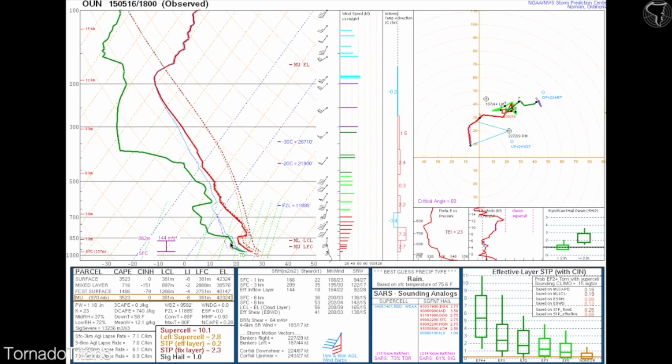It takes into account more the mixed layer, this whole thing. What is the storm ingesting from the surface to the cloud layer? It takes into account the effective storm relative helicity, the bulk wind difference, the convective inhibition in the lower levels, which is important, and also the mean layer parcel LCL, the MLLCL, and not the surface LCL. So it takes into account all those.